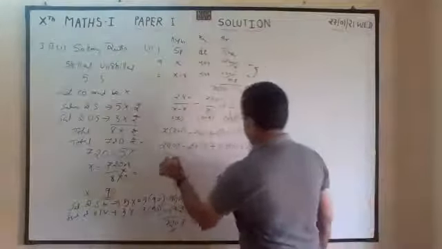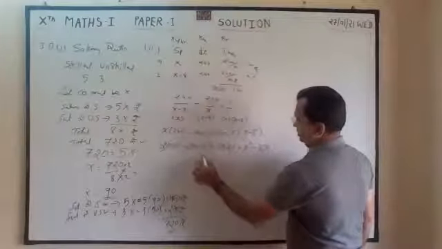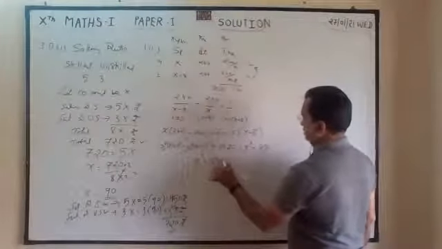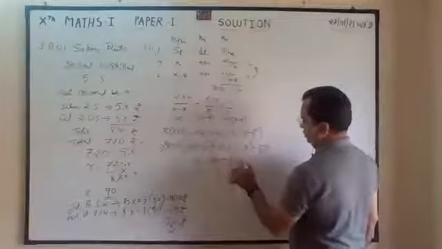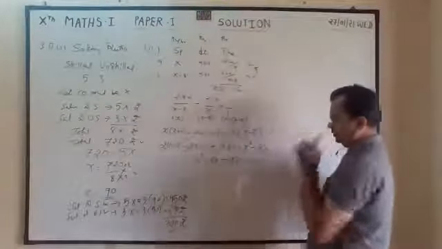So this will cancel. So x square minus 8x minus 1920 is equal to 0.